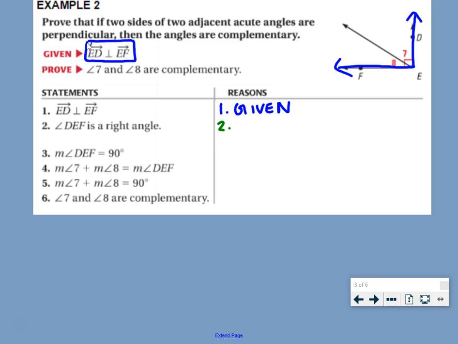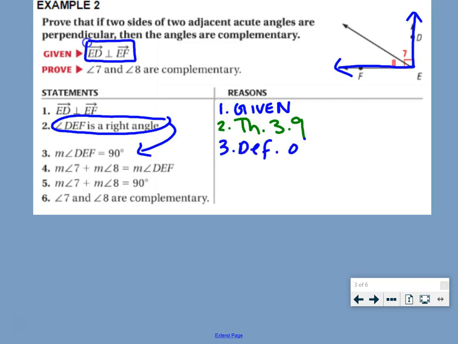So since we have two intersecting rays, which technically are two intersecting lines, we can use theorem 3.9 that states if we have two perpendicular intersecting lines, they form right angles. Number 3, measure of angle DEF is equal to 90 degrees. Well, if it's a right angle, it should equal 90 degrees, which means we're using that definition of right angle.